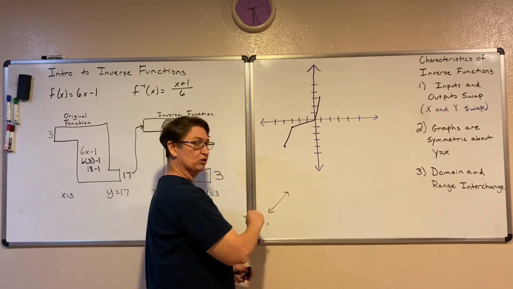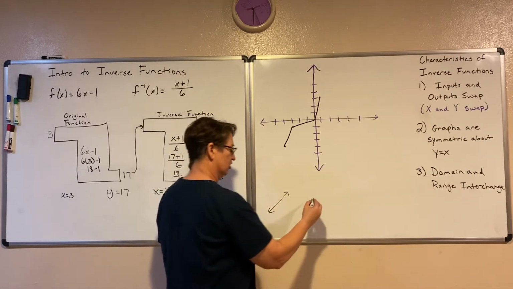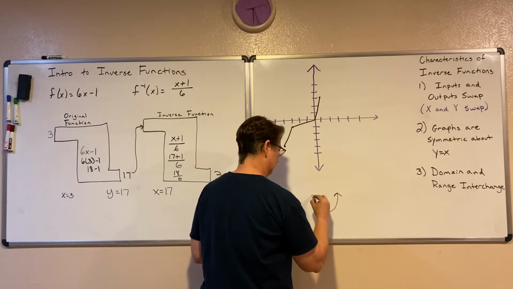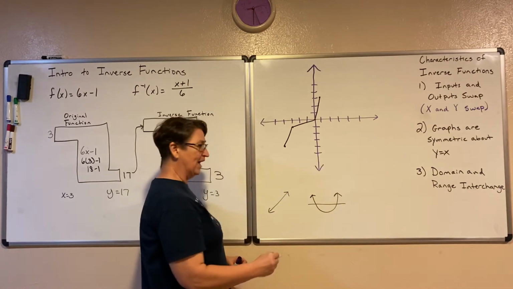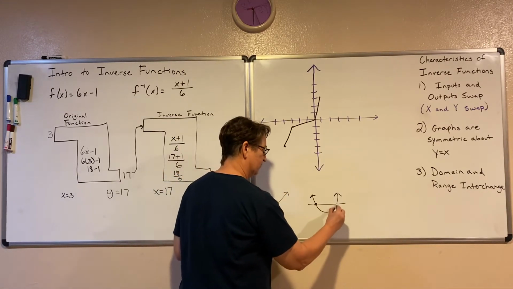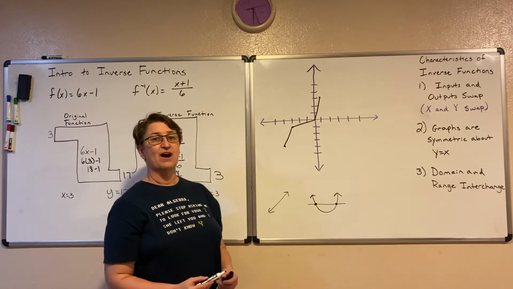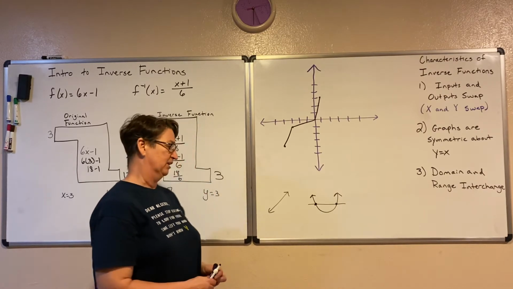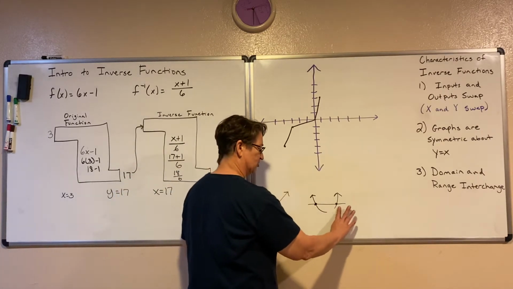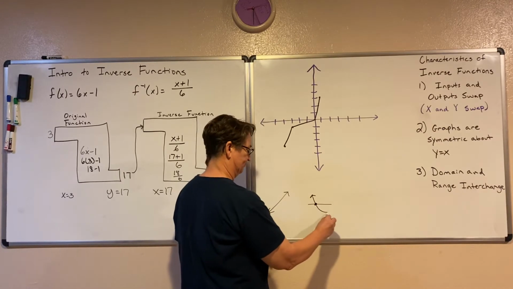I can draw a horizontal line, and I'm only going to hit the graph once. But look at my quadratic functions. If I draw a horizontal line there, I hit it twice. So the quadratic function, I can't find an inverse for unless I restrict the domain of it, unless I just talk about part of the quadratic function.